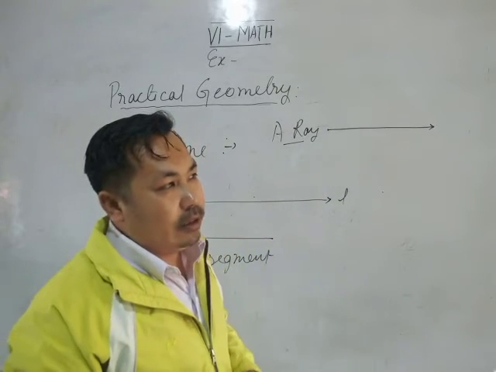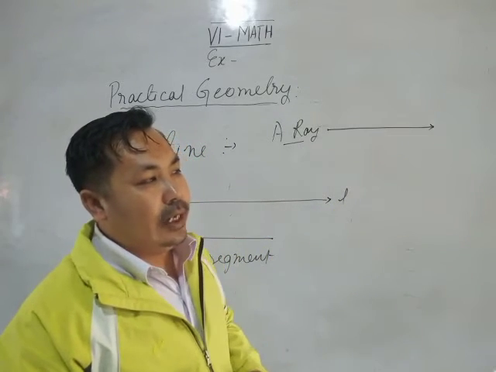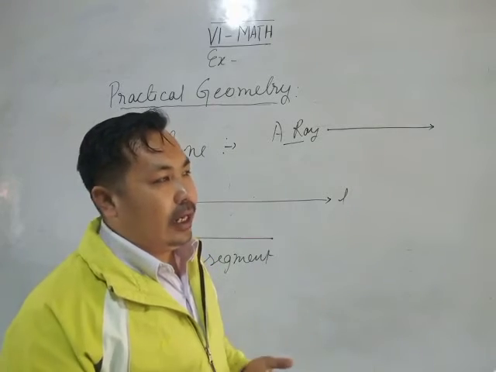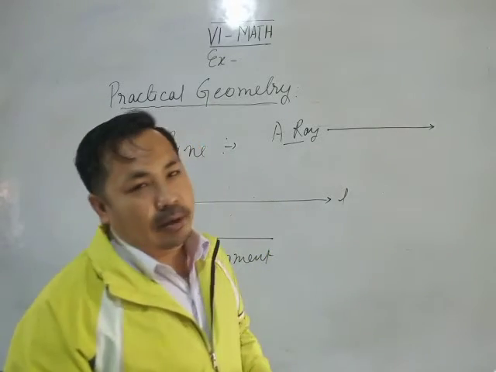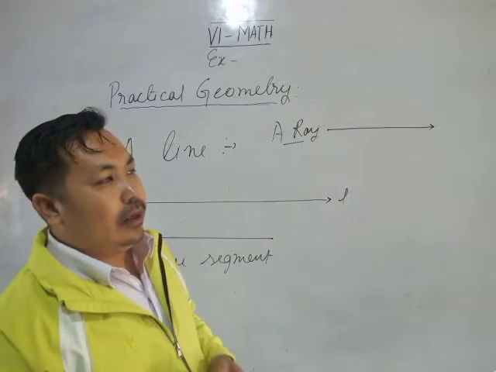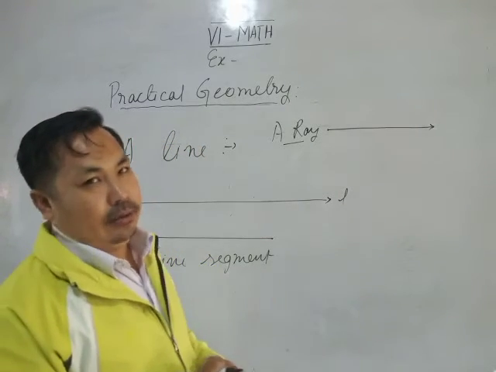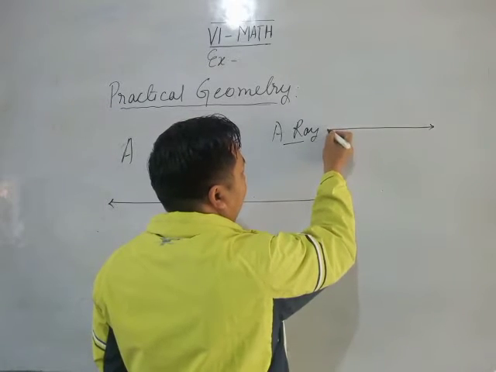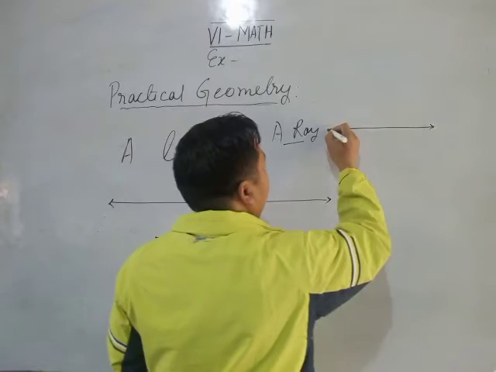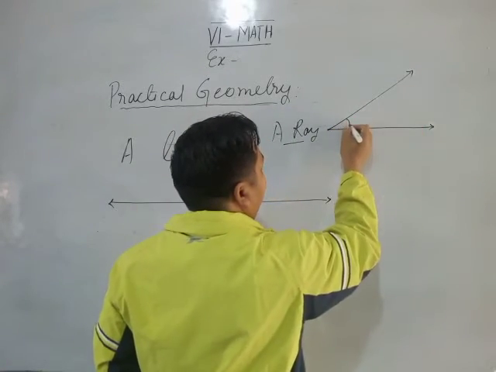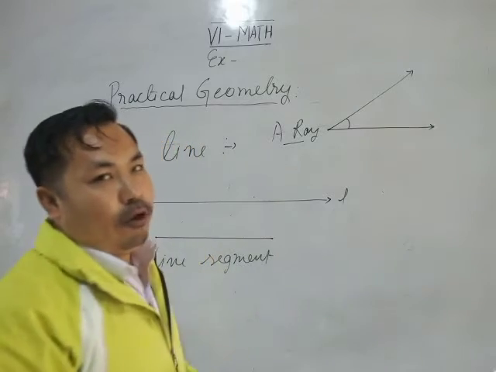A ray is also known as the arm of an angle. To construct or draw an angle, we need rays. Two rays having the same common starting point and extending in different directions will form an angle.